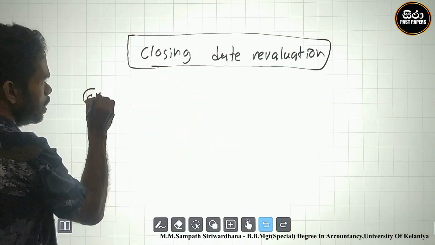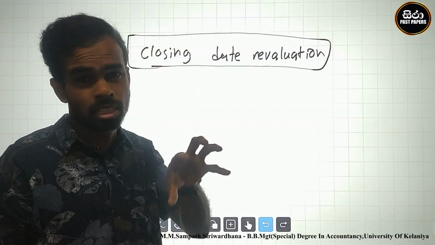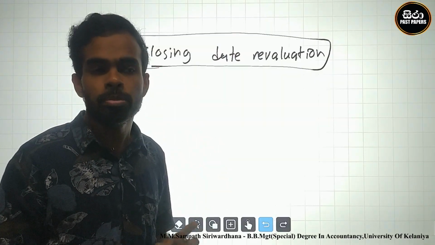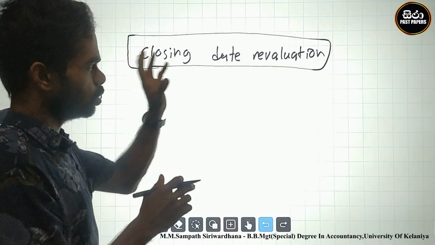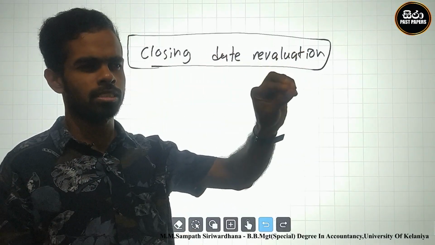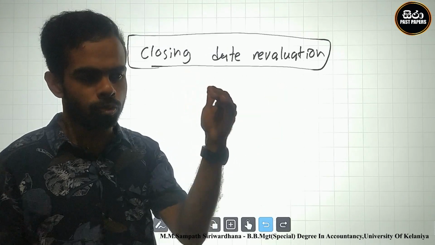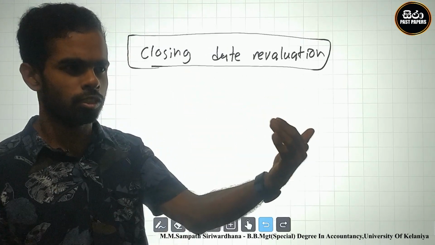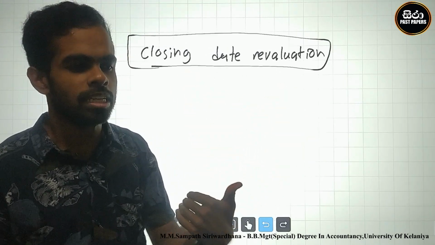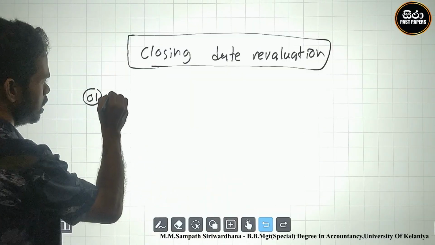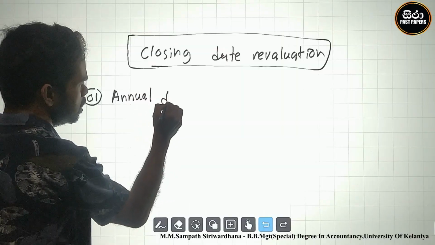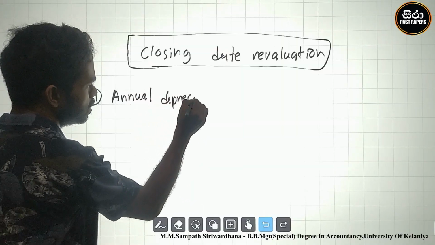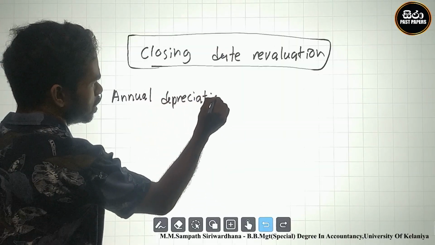Firstly, you must revalue this one at the closing date, no? Firstly, you must depreciate. Why? No revaluation is done before the closing date. Before the closing date revaluation, you must annually depreciate. Firstly, you must calculate annual depreciation. This is the correct path.